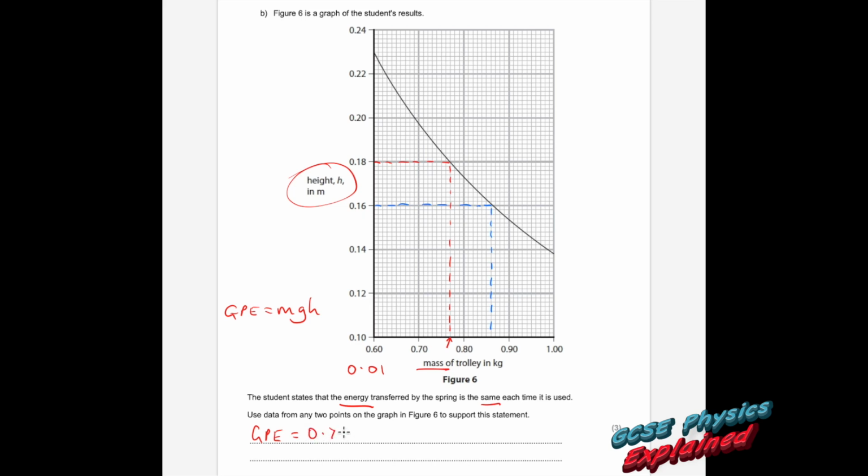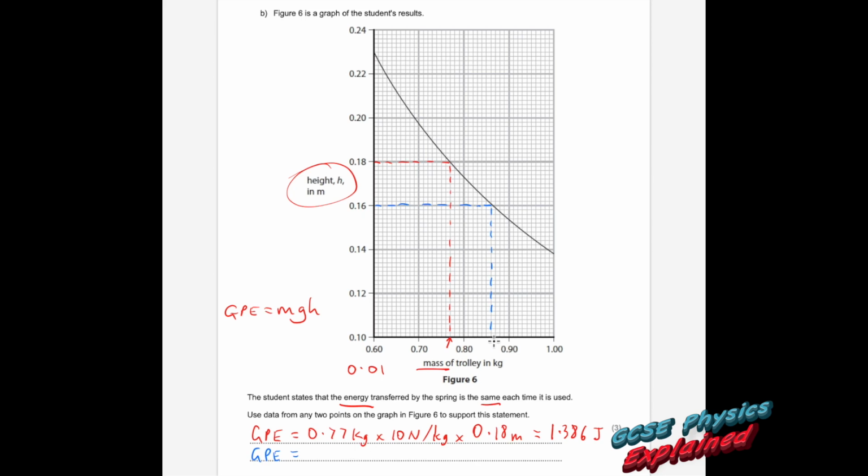So that's 0.77 kilograms, times that by gravity, which is 10 newtons for every kilogram on Earth, and then multiply that by the corresponding height, which was 0.18 metres. And that equals 1.386 joules. Right, now if this person's right, when I work out the other gravitational potential energy, it should be the same as that.